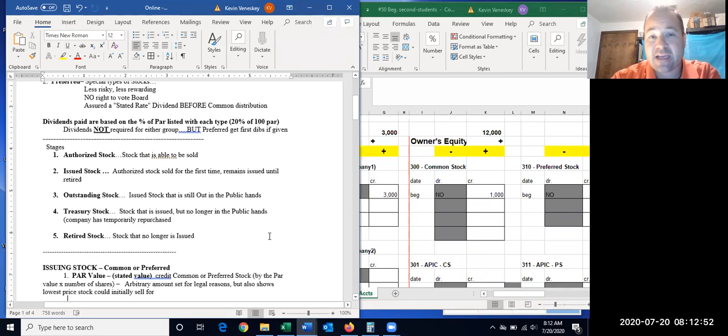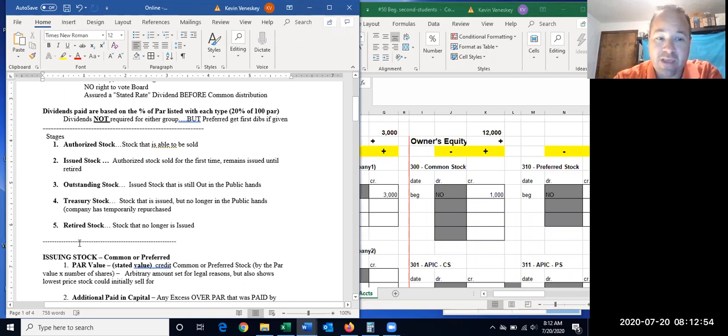Now, when stock is issued, it's going to land in one of these 5 areas. When a company first starts out as a corporation, they set a certain number of authorized stock. That's how many they are allowed to sell.